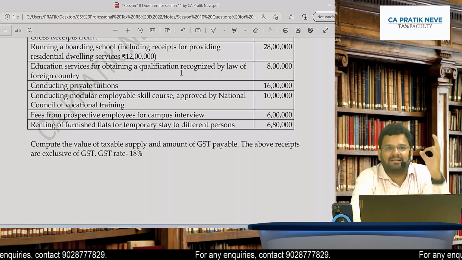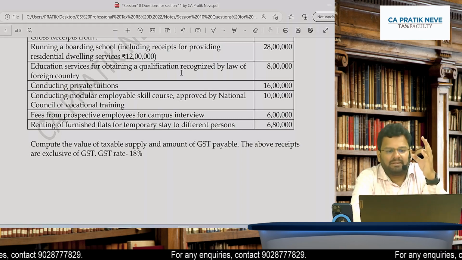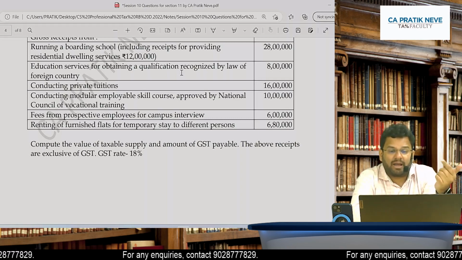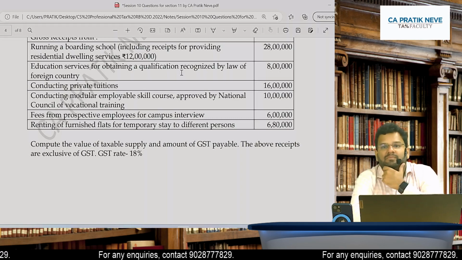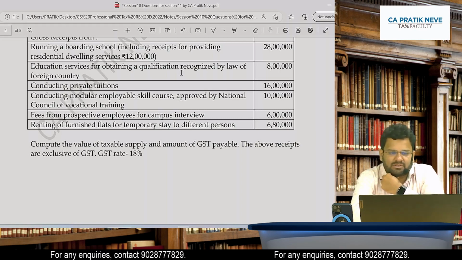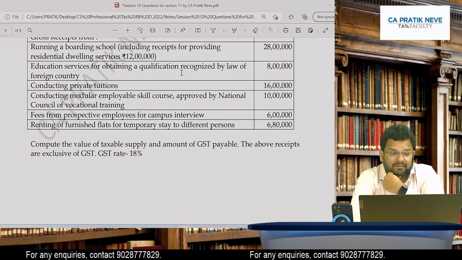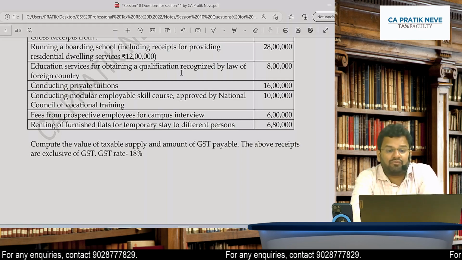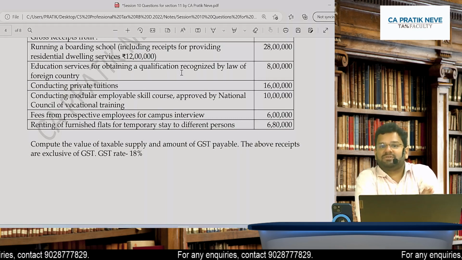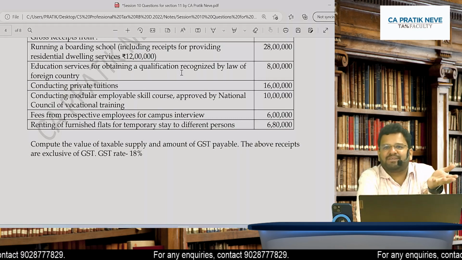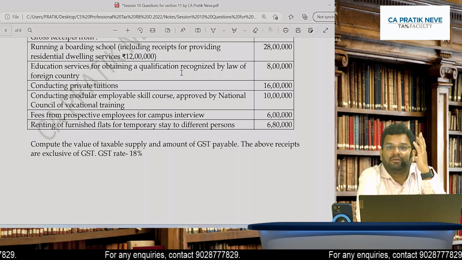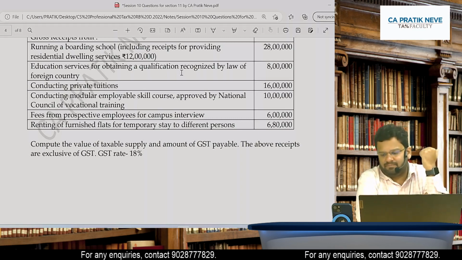This is exempt. Then fees from prospective employers for campus interview. This does not fall in the scope of exemption, so it is taxable. And lastly, renting of a furnished flat for temporary stay to different persons. This is accommodation services provided. Pure accommodation services will become taxable.